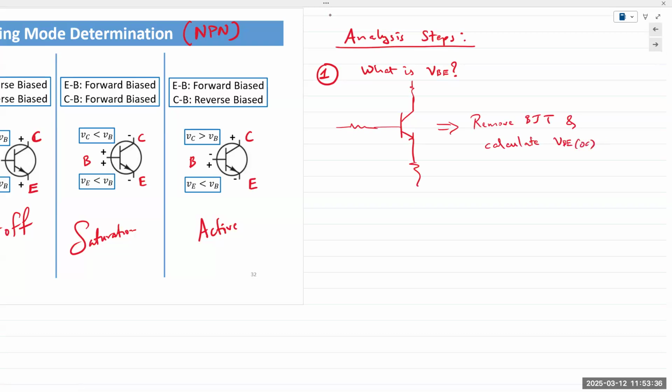If you remove the BJT, all you have is the base and the emitter, and you measure that voltage. You'd have some sort of biasing voltage applied to the base, and you might have some biasing voltage applied to the emitter. In the previous example, we had -5 volts applied to the emitter and the base was grounded.